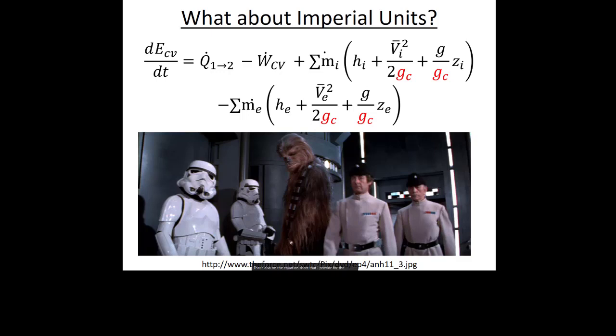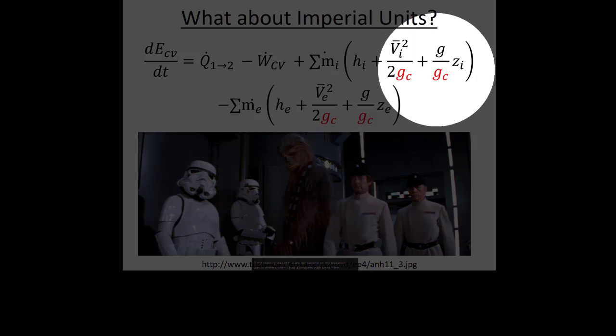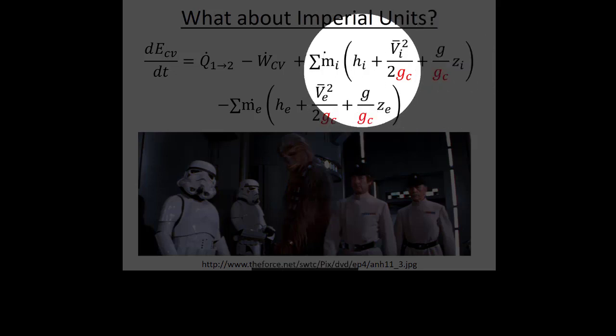But the thing is, it's always the same 2 terms. Even in the metric system, if my velocity was in meters per second, or my elevation was in meters, then I had a problem with units because I'd have to divide by 1,000, because these terms would give me joules per second and this term would give me kilojoules per second, right?